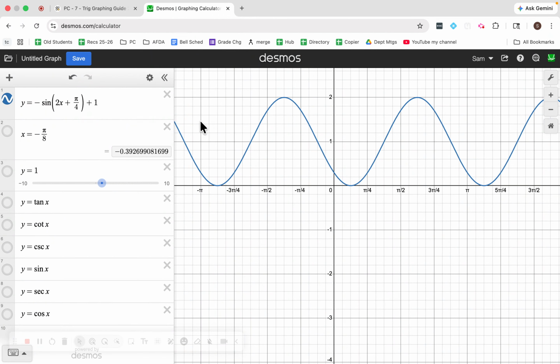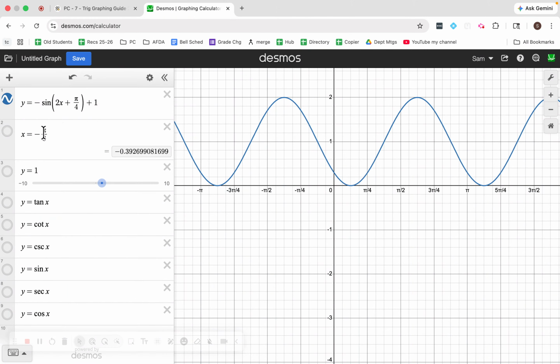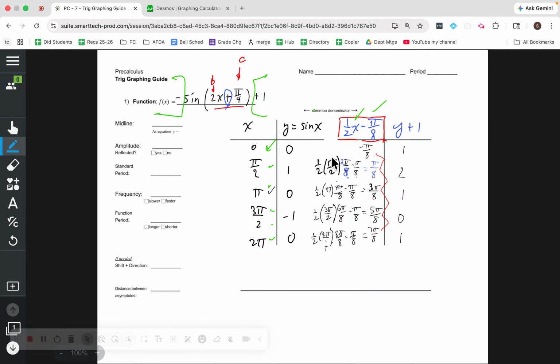Just to save time, I'm going to show you on Desmos the graph that you should plot with your table. And as we said, the beginning of the period is negative pi over 8 to 7 pi over 8. By the way, that is the length of that, negative 1/8 to 7/8. Negative 1 to 8 is 8/8. So the function period is pi. And this is reflected.